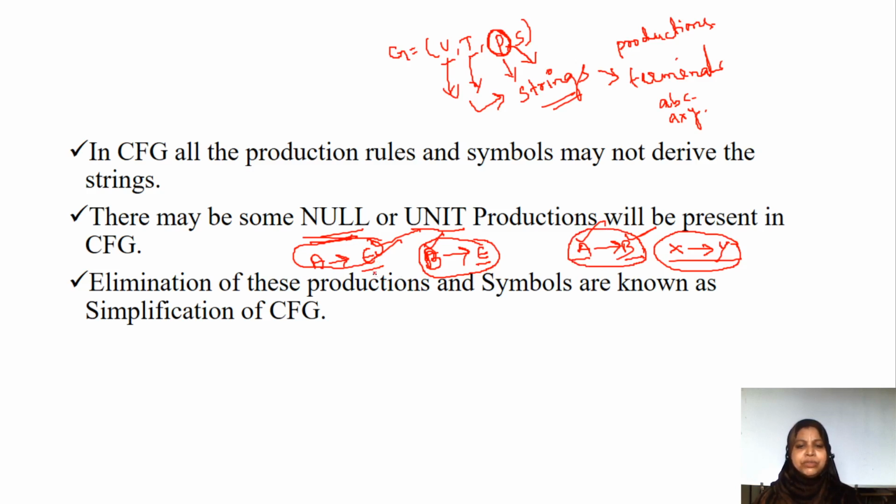Whenever we remove null productions or unit productions, we are not going to change the properties of that particular CFG, right? Elimination of these productions and symbols is known as simplification of CFG. We simplify the CFG by eliminating the null productions, the unit productions, the useless variables, or the useless productions.